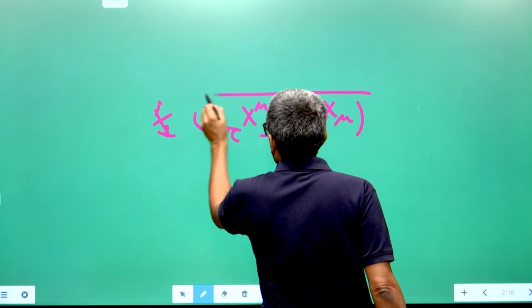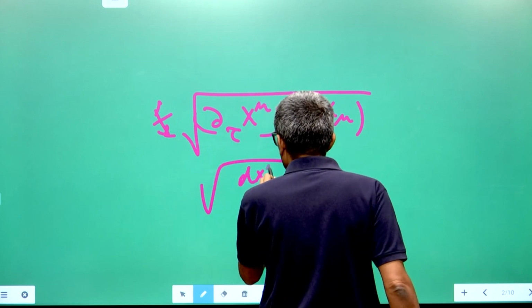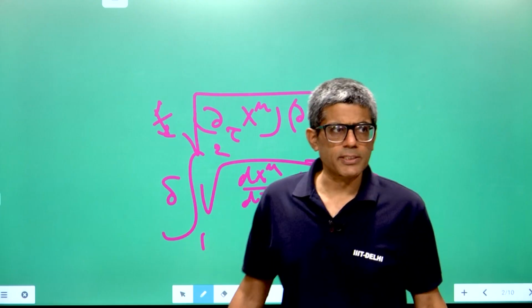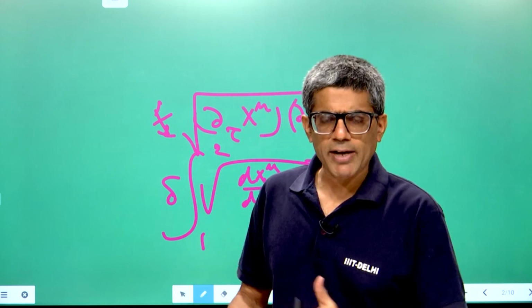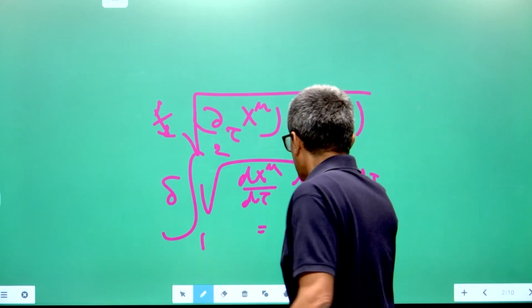If you take the square root of this quantity, it is nothing but the square root of dx mu by d tau, dx mu by d tau. If you integrate over the trajectory from point 1 to point 2 and apply the variational principle, then you get the geodesic equations, or in special relativity you get a flat space time equation which says the rate of change of momentum is 0. You may add forces and so on.